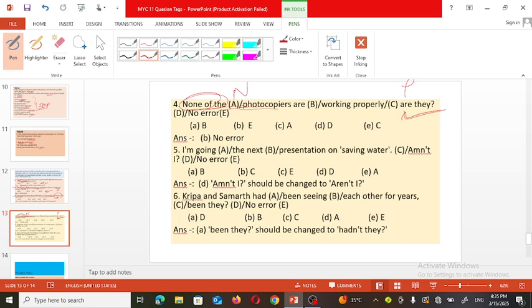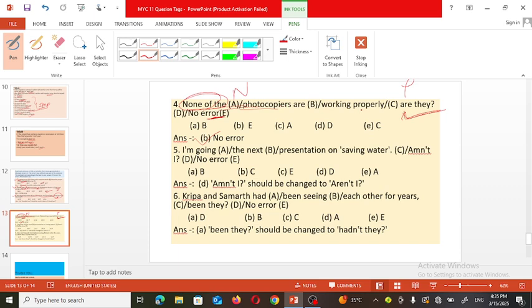So when this indefinite subject is there, we have to use the pronoun "they". That rule we have seen. So this is a sentence with no error. Actually E is the no error option, but here it is given to B, and that's why our correct option is B. So in this way, while asking the question, they can jumble these letters.